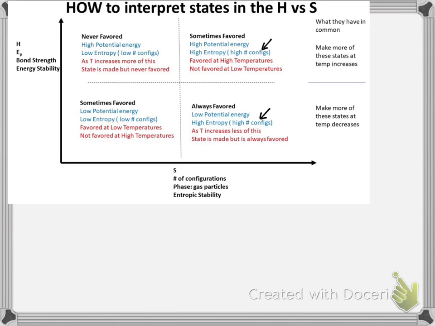So this video is about making sure you feel comfortable with generating H versus S curves, connecting them to delta G versus T graphs, and applying chemical reactions and putting the states in their proper place.